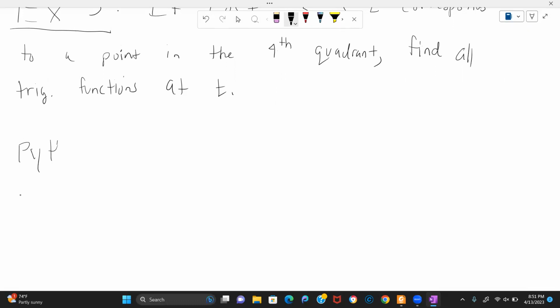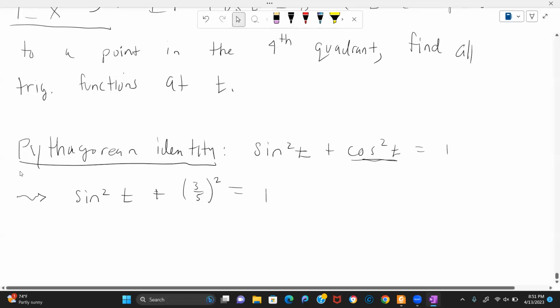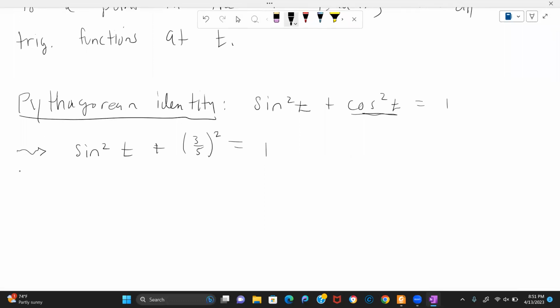By the Pythagorean identity, we know that sine squared of t plus cosine squared of t is equal to 1. We're assuming cosine t is 3/5, so we have sine squared of t plus (3/5) squared equals 1.